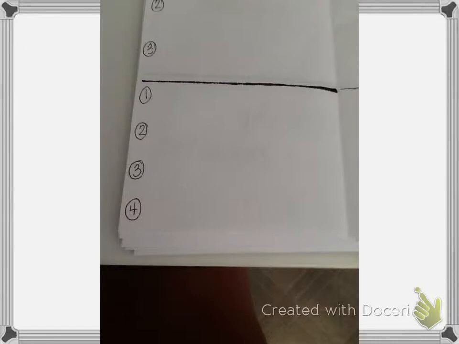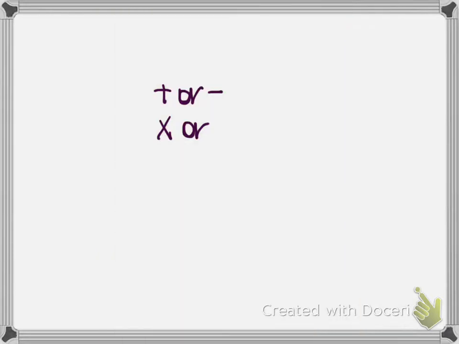And for a two-step equation, we have to either add or subtract. Then we have to multiply or divide.